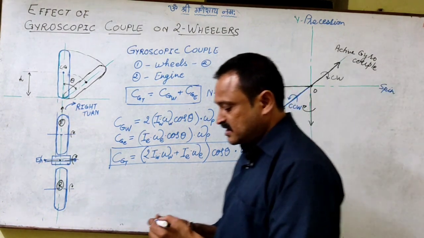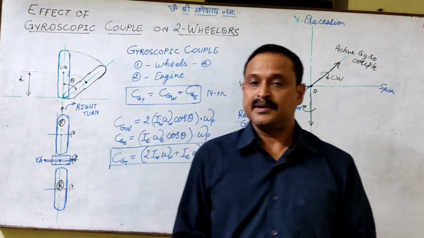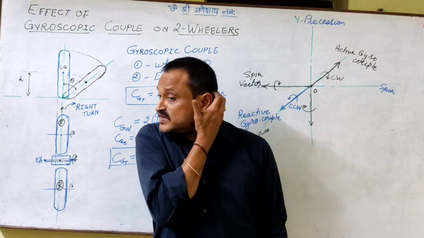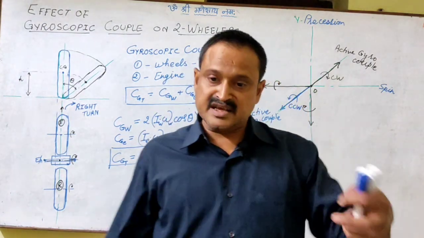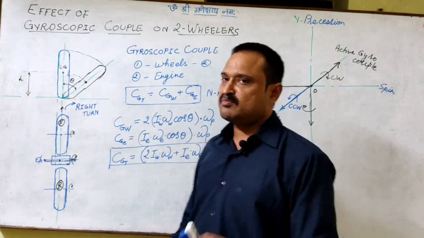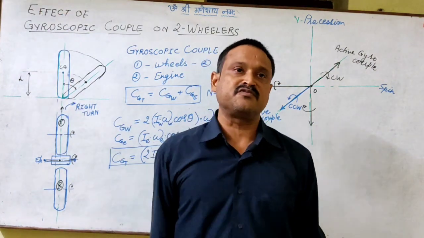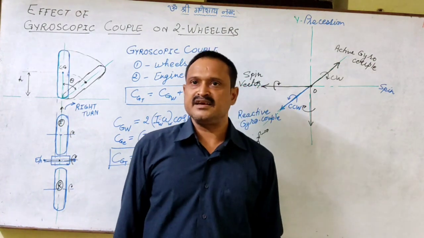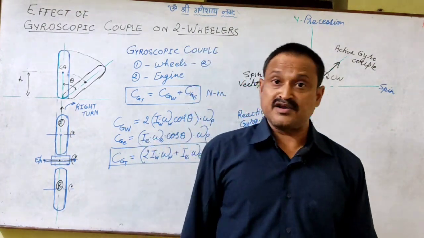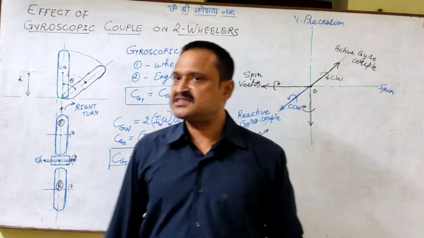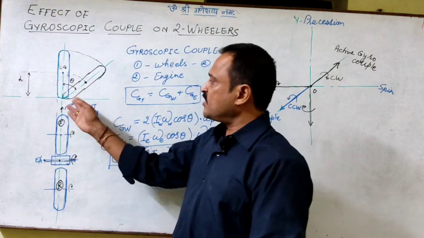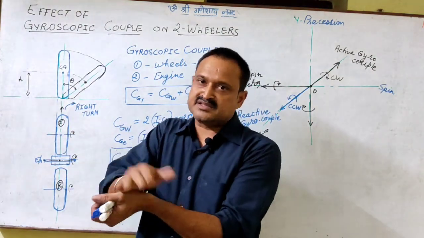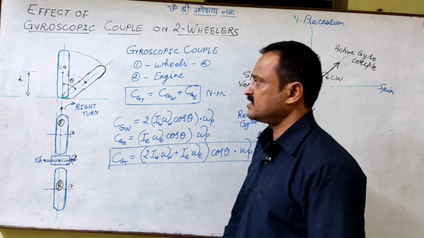So this will be counterclockwise. Now let us try to understand that in a two-wheeler I am not getting any pivotal point, as in the case of a four-wheeler, where we get a ground reaction for that couple. Here, one of the points itself becomes the pivotal point for the overturning couple.